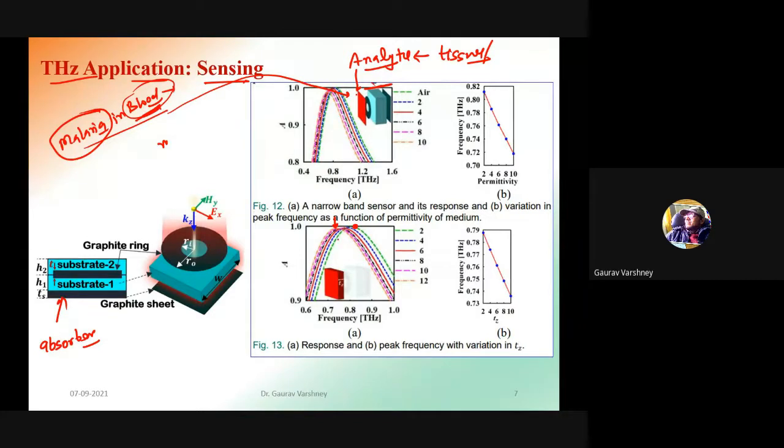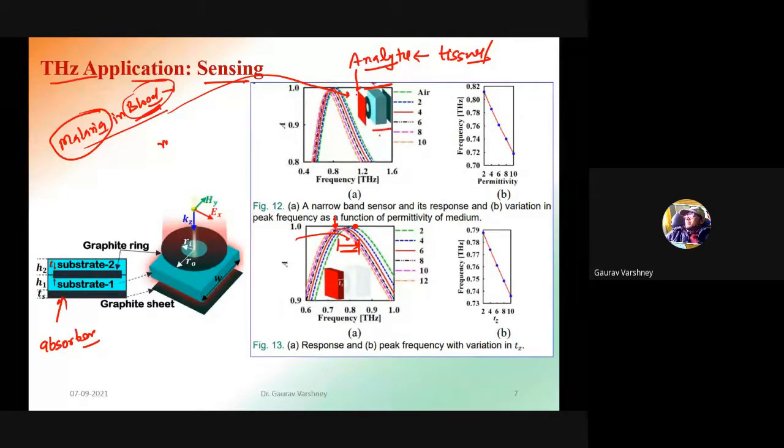If there is a shift in the absorption spectra of this whole absorbing unit compared to the case of normal blood, you will understand there is some infection of the malaria virus. Technically, there are certain parameters which define the performance of this absorber.